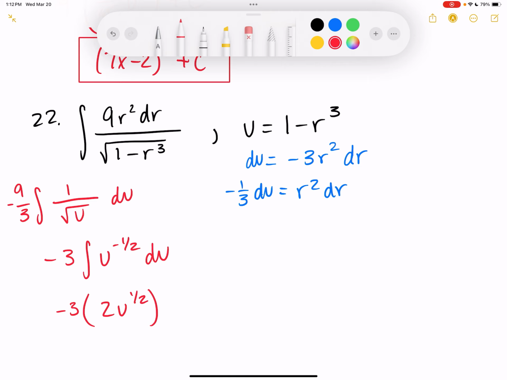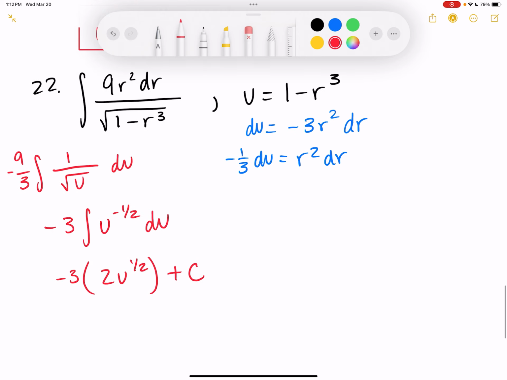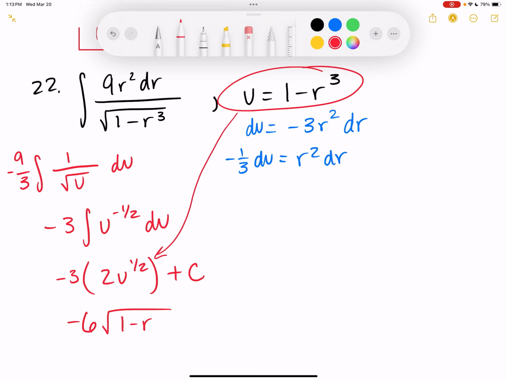Plus C. I'm going to try to ingrain this so you don't forget the plus C part. So now I'm going to have negative 6. I'm replacing u back. So negative 6 times the square root of 1 minus r cubed plus C. And if you left it as 1 minus r cubed raised to the 1/2, that's fine as well. They do it like I have it, but the other way is fine as well, because that's how it started.